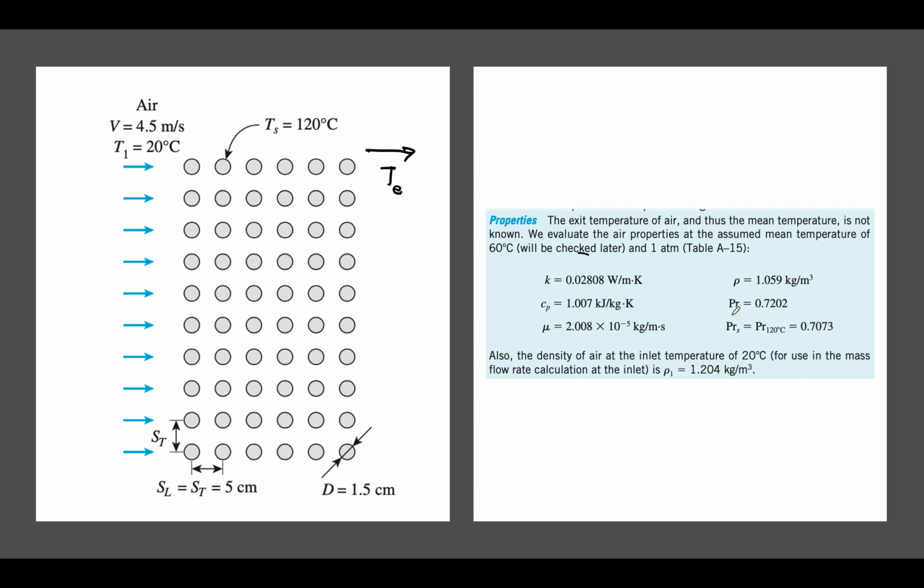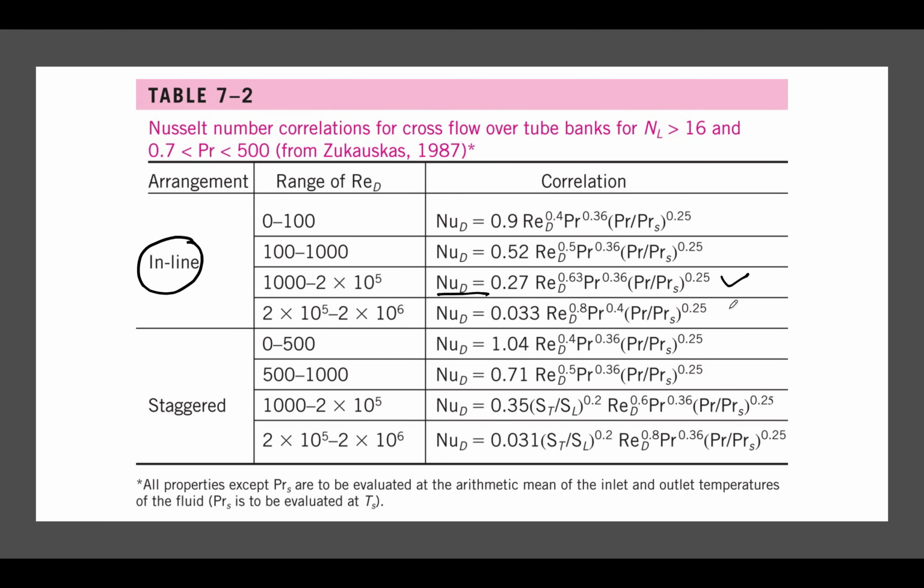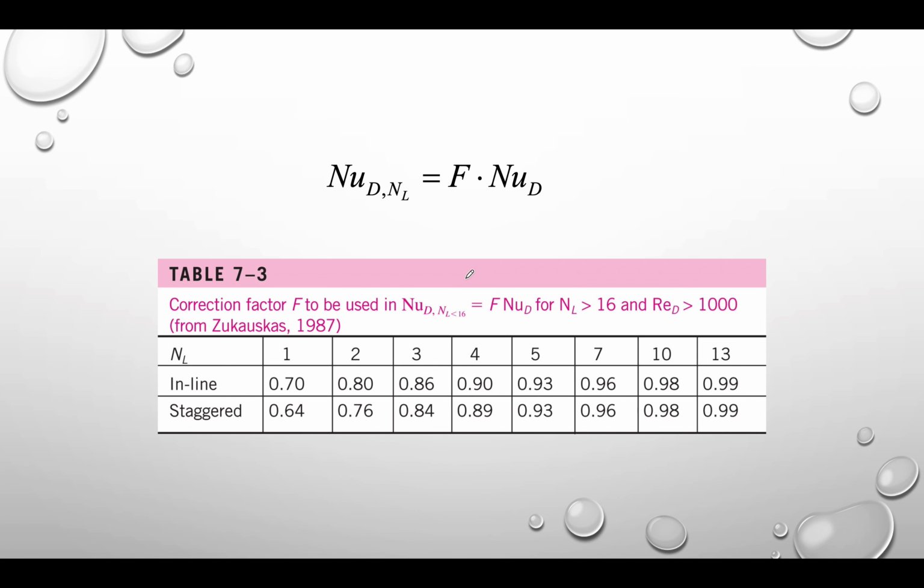So you have to refer to the properties of Prs at 120 degrees Celsius. Do not refer to your Prs at 60 degrees Celsius. Only Prs. So now you plug in all the values inside this equation.